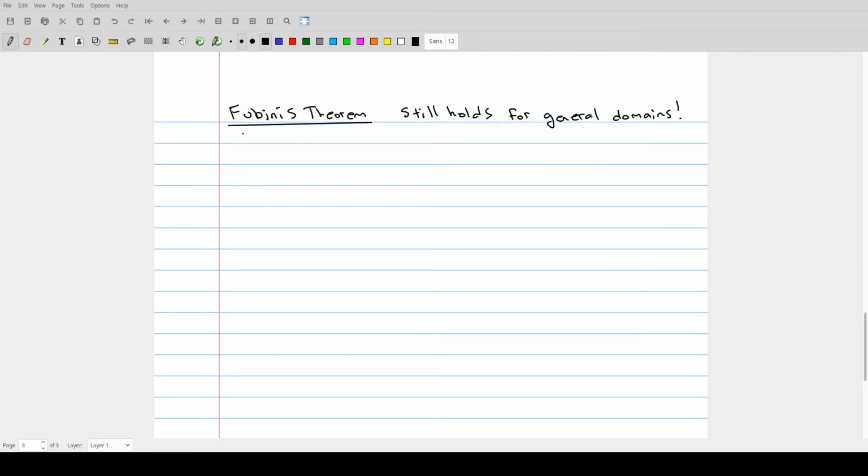I'm going to put a big however. We must be very careful. I'm going to underline it 3 times.